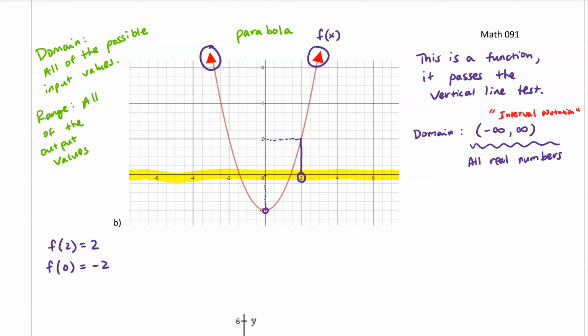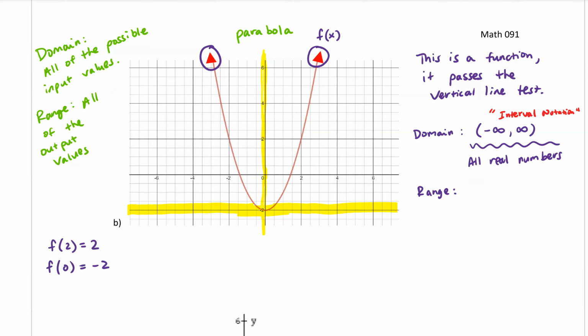Okay, and now let's think about our range. Our range does not work the same way here because we're looking at the y-axis. Let me highlight that again. So the y-axis is right there. And notice that the lowest point on our graph is when y equals -2 right here. Notice that it's going upwards from -2 and it will never go below this highlighted line.